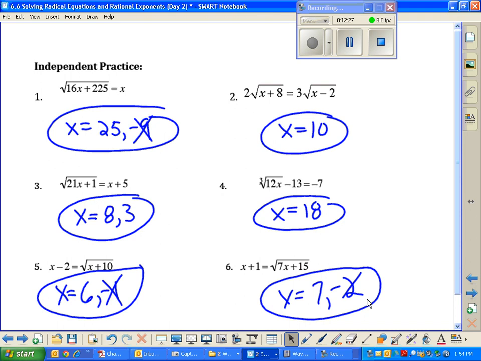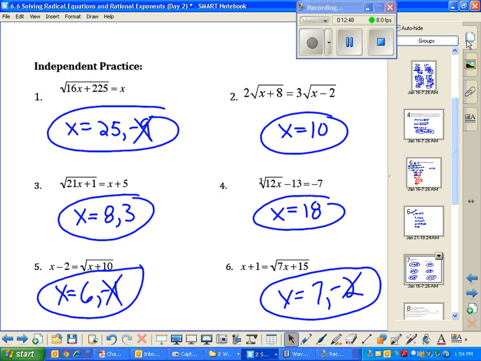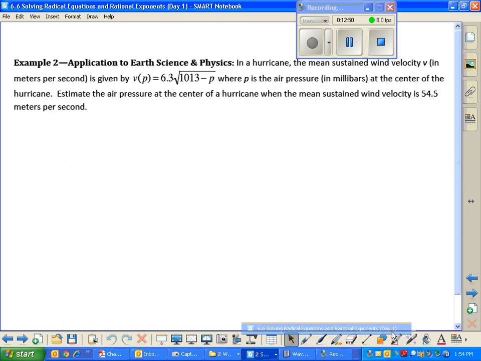Kristen. Number two, super irritating, right? You had to square the whole left side and then square the whole right side first. Did everybody see that? Because it's kind of critical. Yeah, all right, perfect. So our big idea for today is: what do you do if you can't isolate the radical first? So let's talk about that.